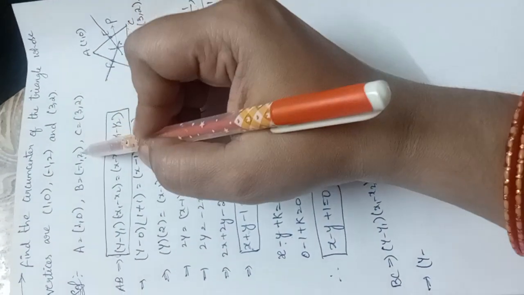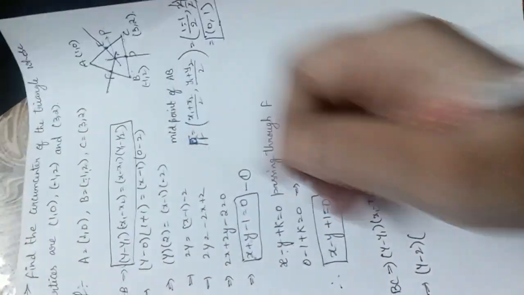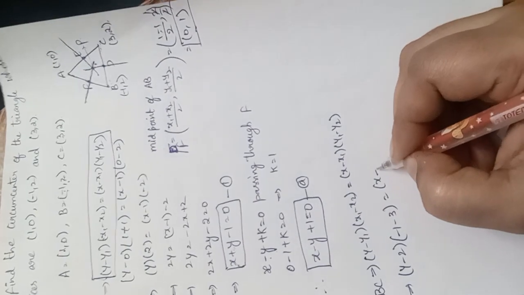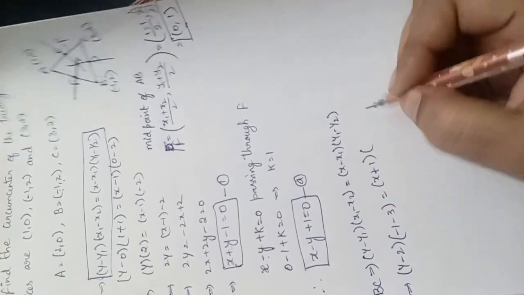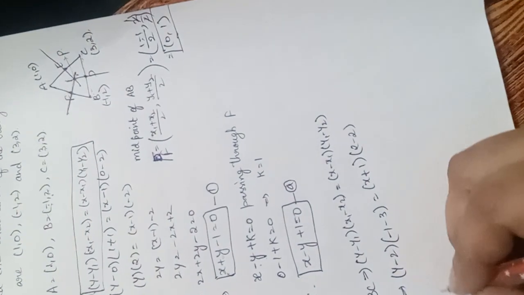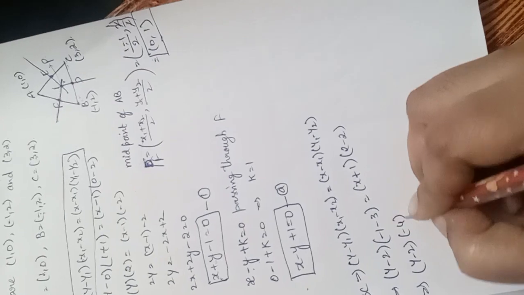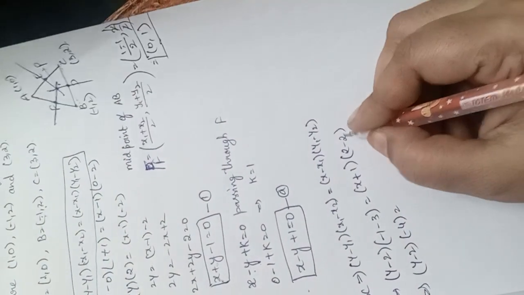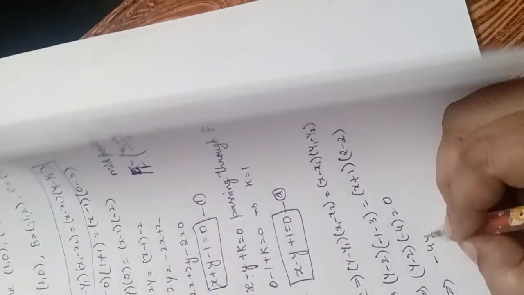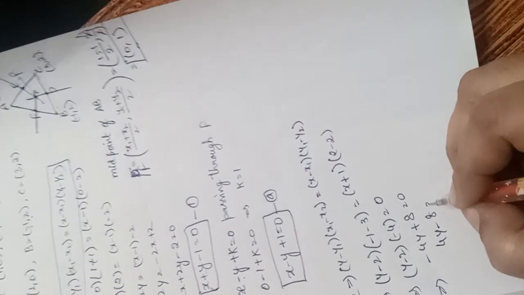Y minus y1 is y minus 2, x1 minus x2 means minus 1 minus 3, equals x minus x1, which is minus (-1), means plus 1, into y1 minus y2, that is 2 minus 2. That implies (y minus 2) into (-4) equals 0, since 2 minus 2 is 0. So this side is 0. That implies -4y plus 8 equals 0, or 4y minus 8 equals 0.